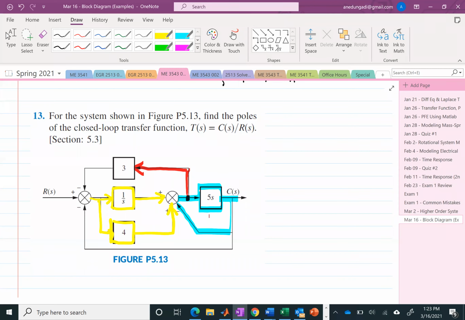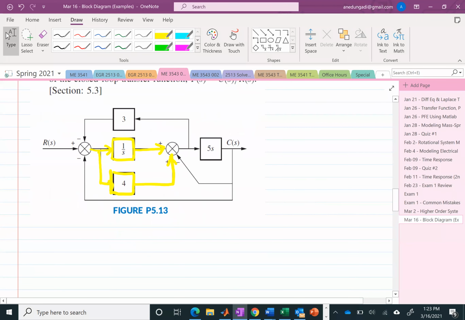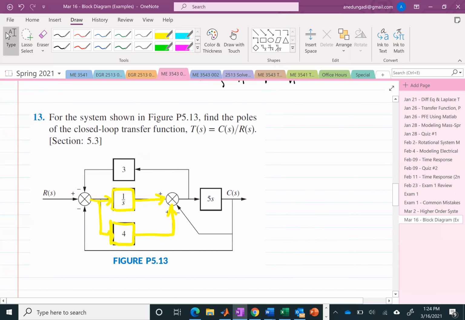So is that clear to all of you? So this is not feedback. Right now all I have is parallel. Then we're going to keep reducing the system till we get the total transfer function between the input and the output.